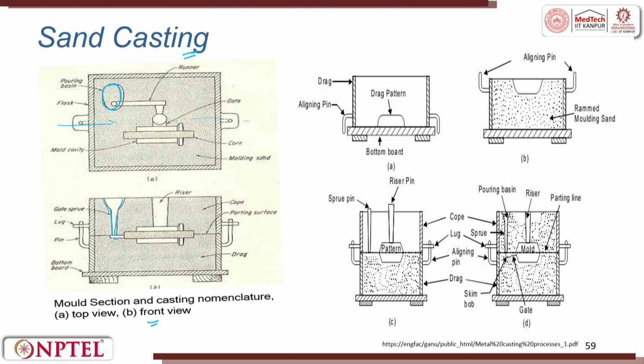Then it is fed into a gate, this gate, and then it is going into a mold. So, you can see here mold, you can see here mold. Now when I see on top of the mold, what do I see? I see the riser, and then I see the mold, and there is a core. This core is used to give us the internal geometry.